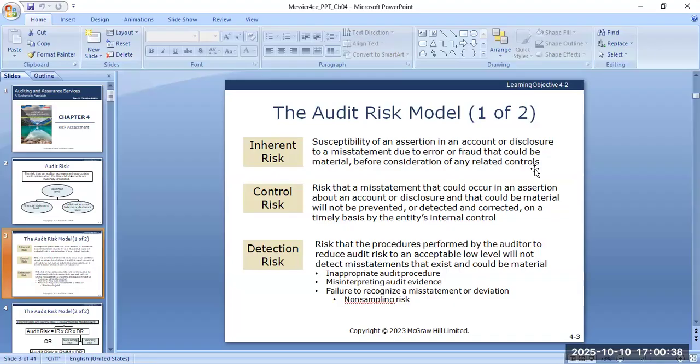And detection risk is the risk that the procedures performed by the auditor to reduce the audit risk to an acceptable low level will not detect a misstatement that exists and could be material: basically inappropriate audit procedures, misinterpreting the audit evidence, or failure to recognize a misstatement or deviation.